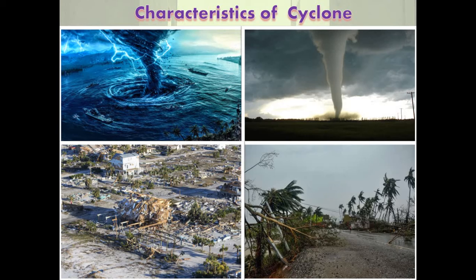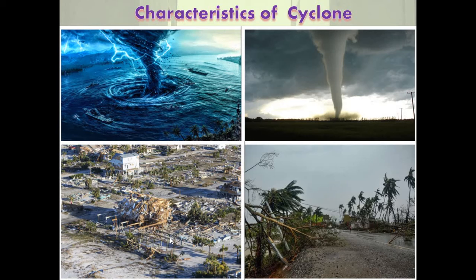The eye of the tornado or cyclone: category 1 is up to 152 km per hour, a primary cyclone. Okay, it is safe, but category 2 has a range of 176 km per hour.